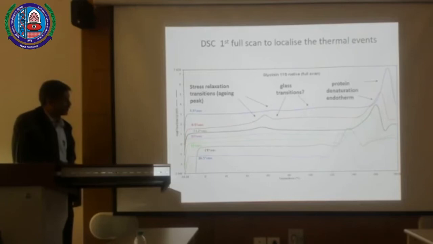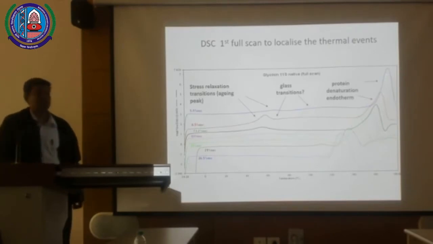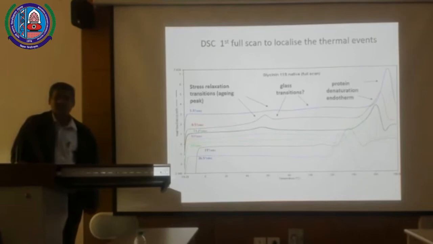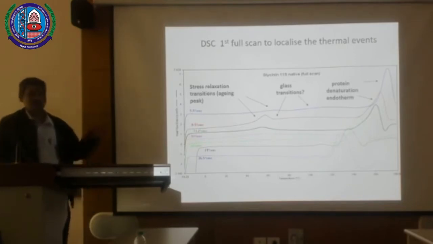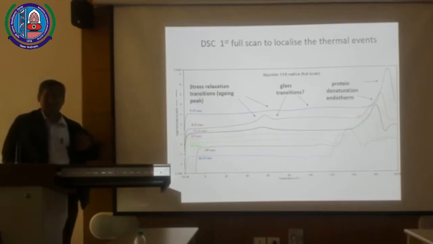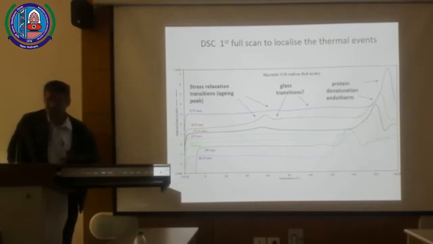This is 26% here, 27. You can see the denaturation temperature here was close to 180. The table will clarify. It's 130, 50 degrees lower compared to the original one. Water is plasticizing the molecule. The glass transition temperature is decreased, and at the same time the denaturation temperature is also decreasing.